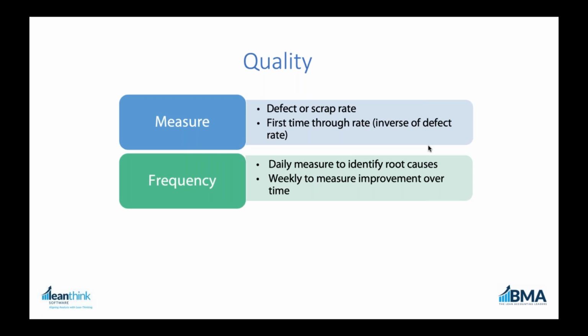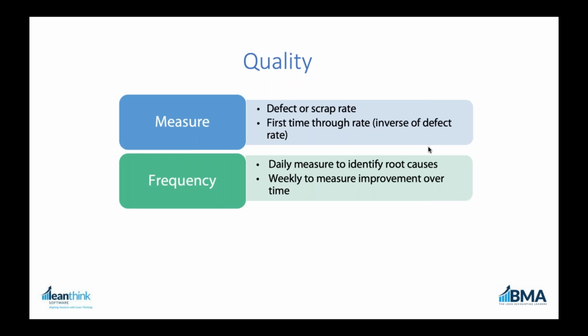This is why I said earlier when we looked at the starter set, why it's difficult to do a corporate quality measure, because if you're aggregating a defect rate for all of the defects in all of your operations, it's just a big number that doesn't mean anything. So it's best to focus on daily and weekly.